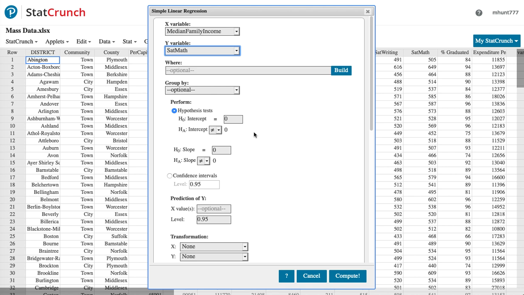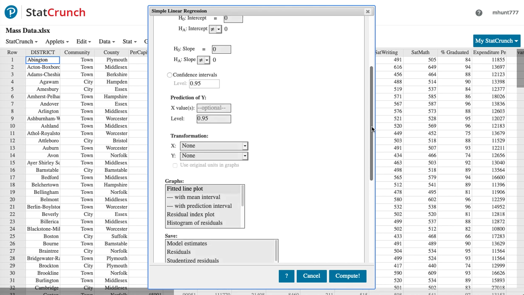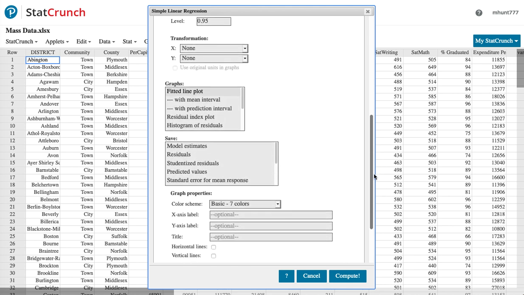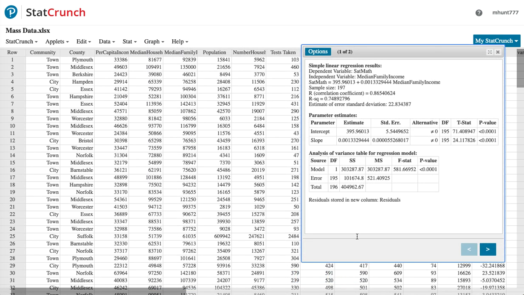We're going to leave hypothesis test checked, and it's very important to scroll down to the bottom of this dialog box because we also want to plot the fitted line, and we would like to look at the residuals. So both the plot the fitted line and the residuals need to be checked off. And we're going to compute.